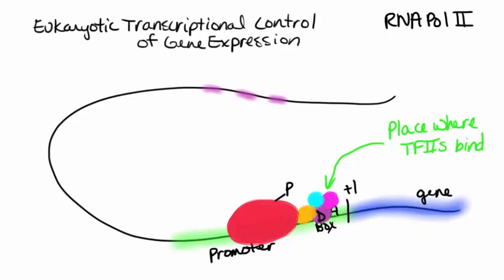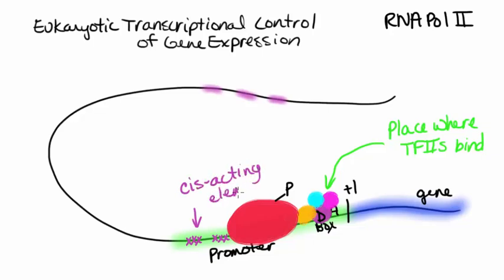Now, in addition to all of this, we can have some other parts to the eukaryotic promoter that help to just make all of this occur just a little bit easier, or facilitate the binding of the transcription factors and also RNA polymerase. So if these are located on the same piece of DNA as the gene, and so usually we're talking about in the promoter sequence, these tend to be what we call cis-acting elements.